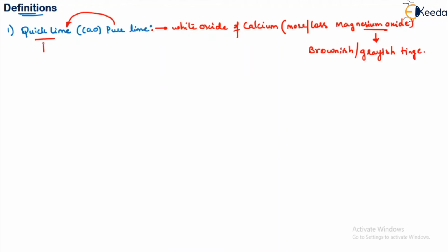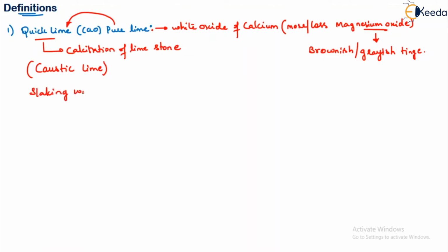The quick lime is generally obtained by the calcination of limestone. It's also called caustic lime. And as I earlier told you, it has the ability to slake with water and has no affinity towards carbonic acid.